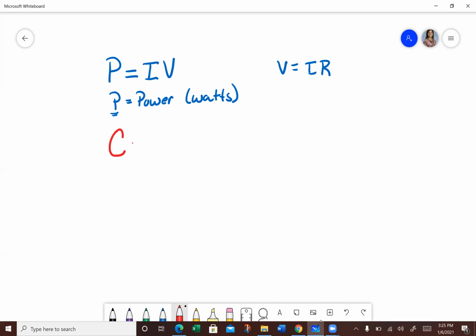If we want the total cost of an appliance, it's going to be the power times the time in which I use it times the rate. P is power, and since we use so many watts, this is going to be in units of kilowatts.